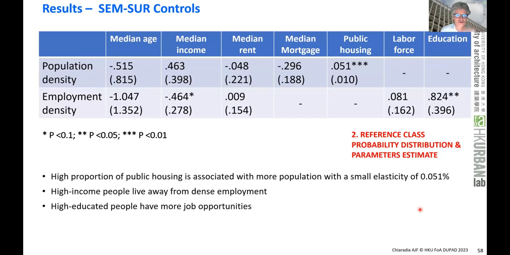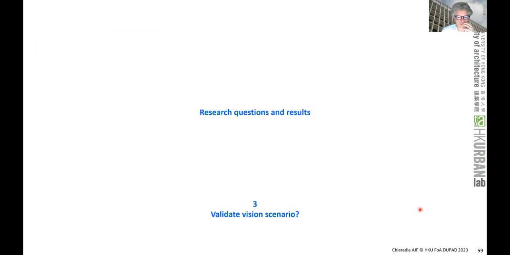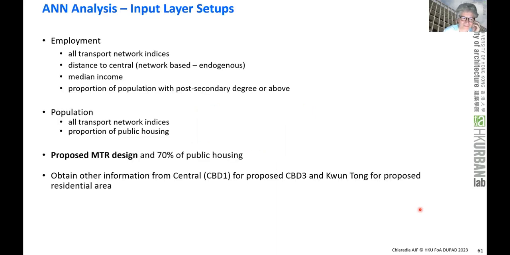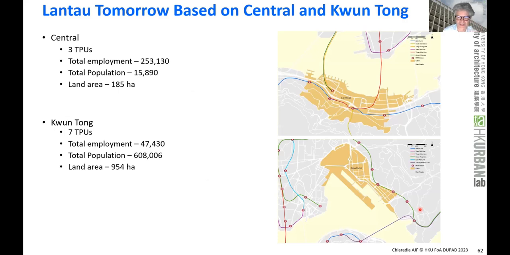So we have control and so on. Let's look at the result, because that's the idea. We use an explainer AI, so we feed in the variables that were significant in the SEM, feed that into the explainer AI, and see what comes out. We feed in some scenarios.